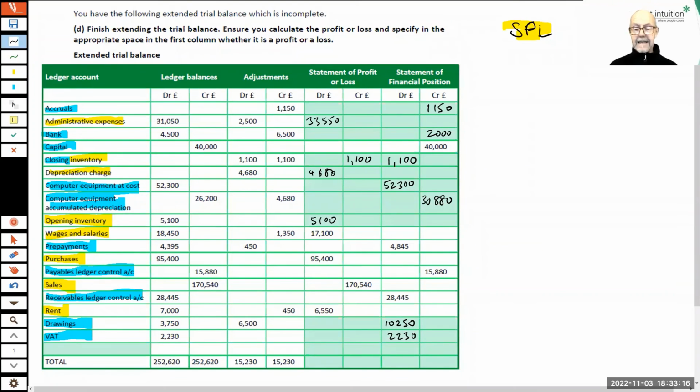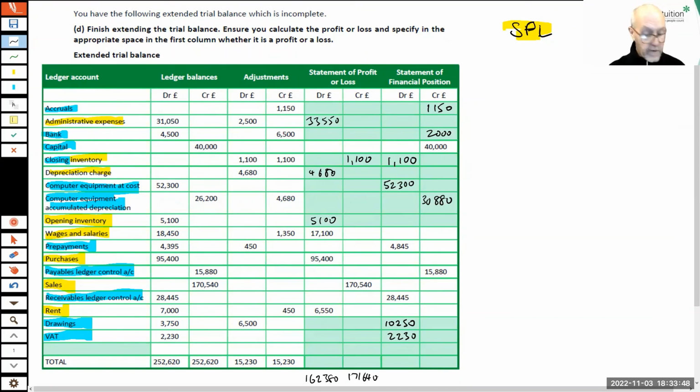So I'm going to cheat at this point and not add all those up. Somebody's added them up for me. Except that what we can say is the total of those debits there, I shall make a little note in rough here, comes to 162,380. The total of those credits there comes to 171,640.